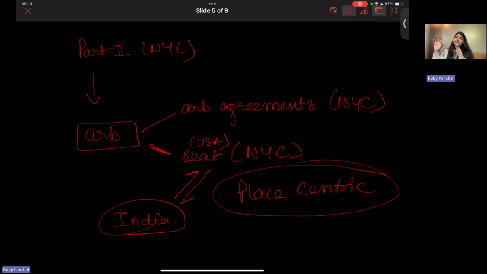Whoever the parties are, if they have conducted their arbitration in one of the New York Convention signatory countries, India will enforce its foreign award under Part 2 of the ANC Act. That's the promise that we have made. Hence, making this entire arrangement a place-centric arrangement rather than a party-centric arrangement. Again, why is that? Because nationality of the parties would not affect the applicability of the provisions. I hope that makes sense.